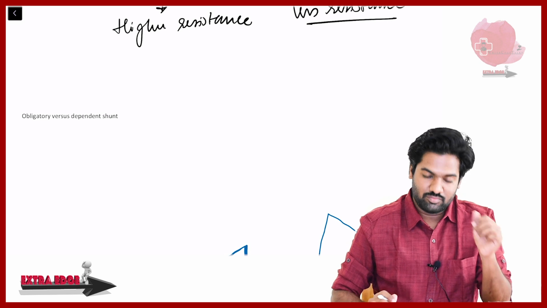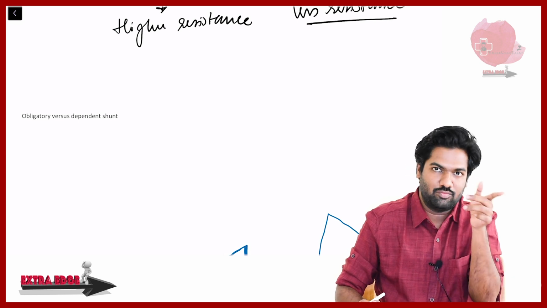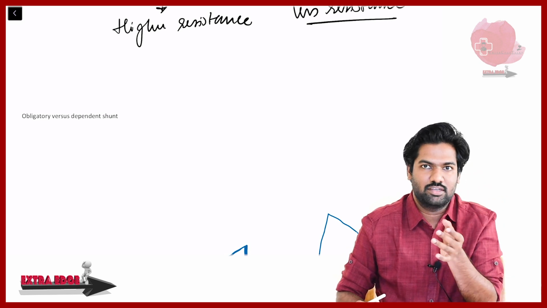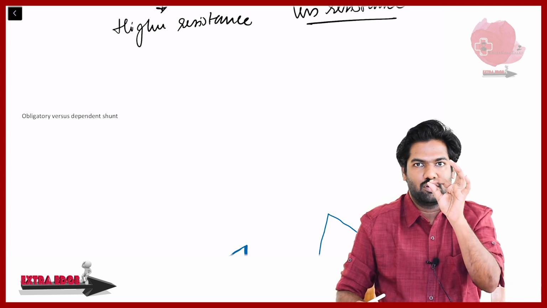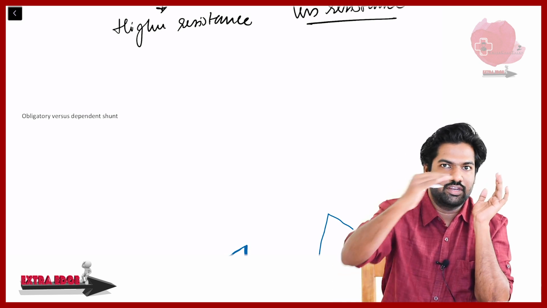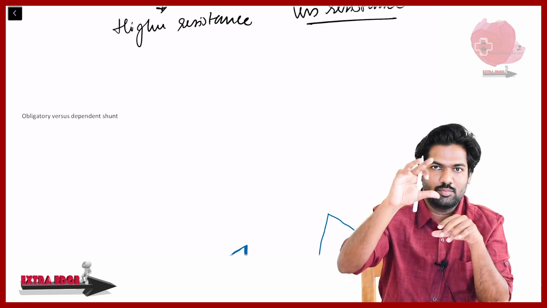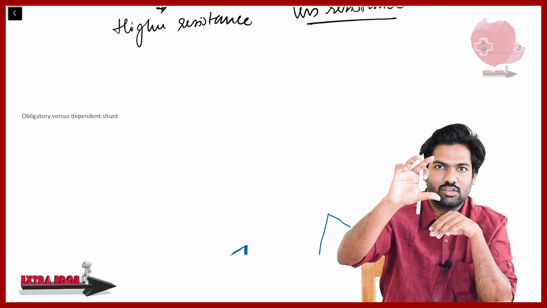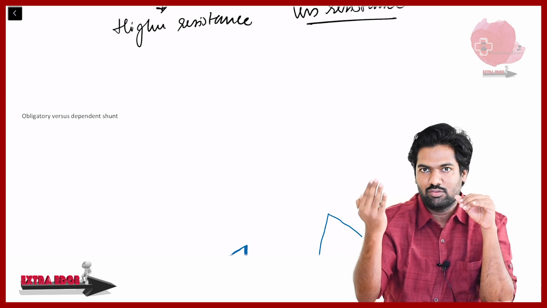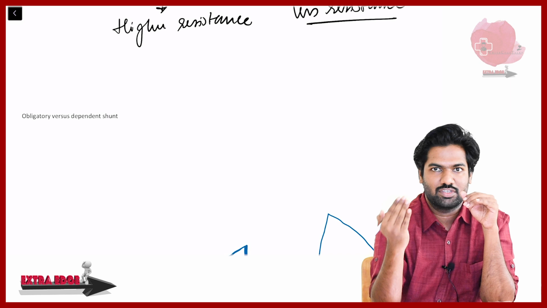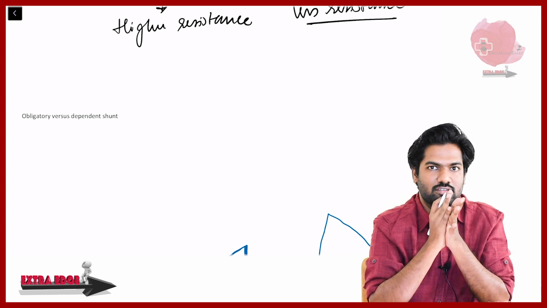For the blood to shift from left to right, some mechanisms are also required. Imagine if it is very small, it is very unlikely that you are expecting a huge amount of blood to shift. But if the defect is very huge, you obviously know that left ventricular pressure is more and it will get shifted to the right ventricle.